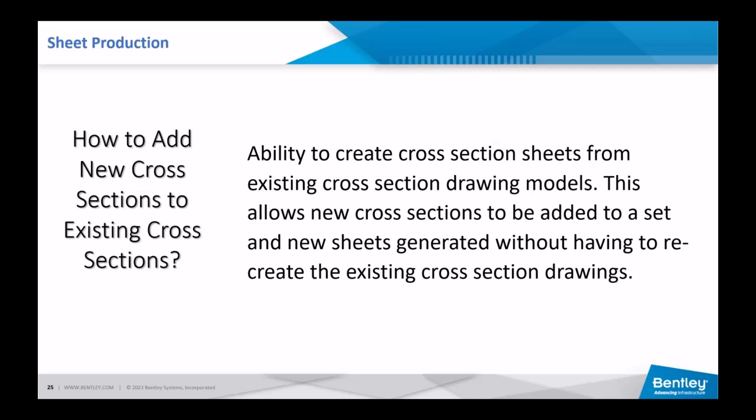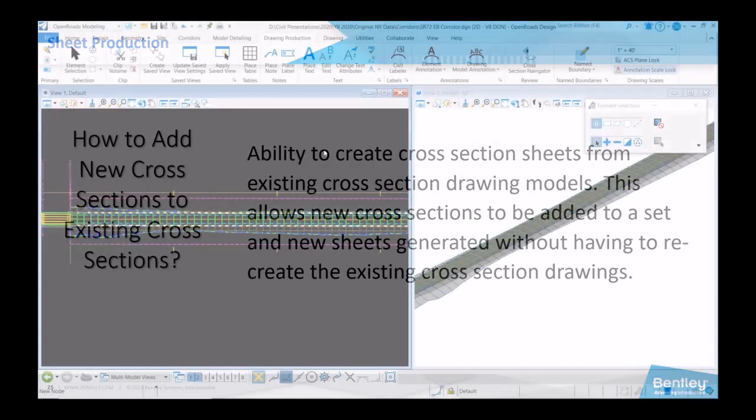Let's say an example would be, I cut, I don't know, cross sections through 100 through 120, and then I forgot a couple, or I needed to add some, but I had already sheeted them and done some labeling in the drawing models. Now you can just get rid of those sheets and keep all your drawing models and then recut the sheets. So we'll see that example.